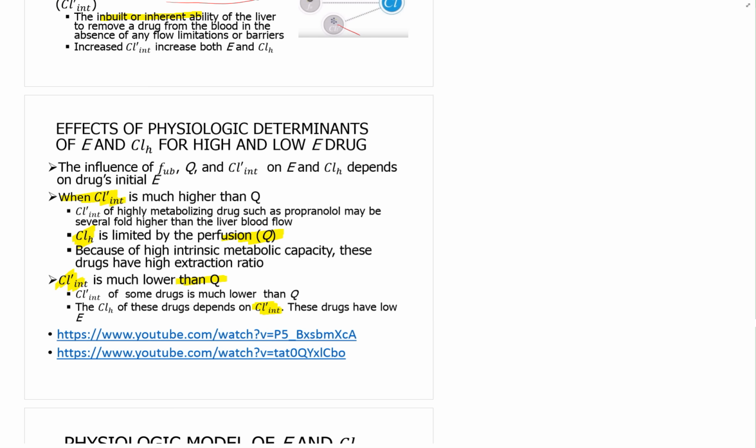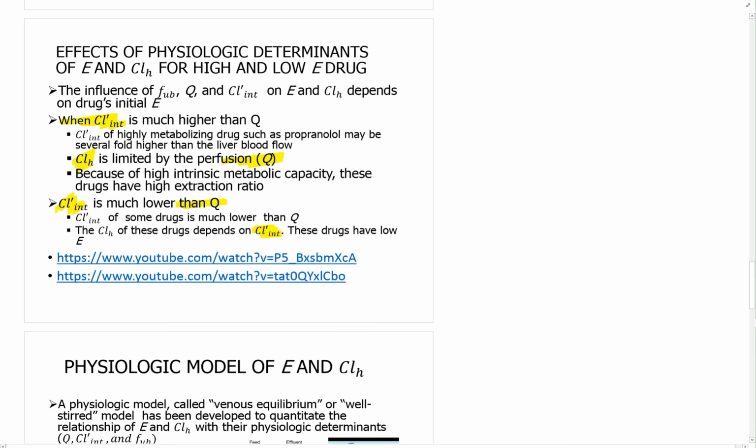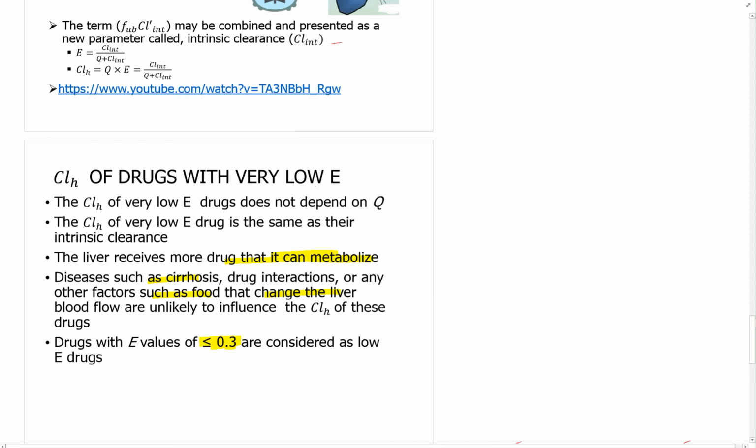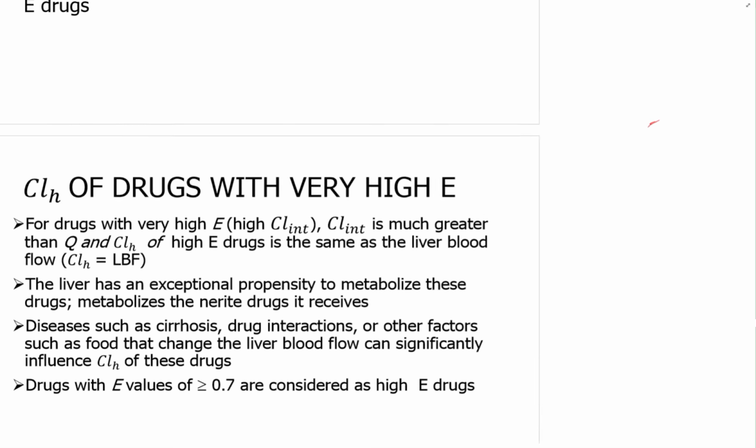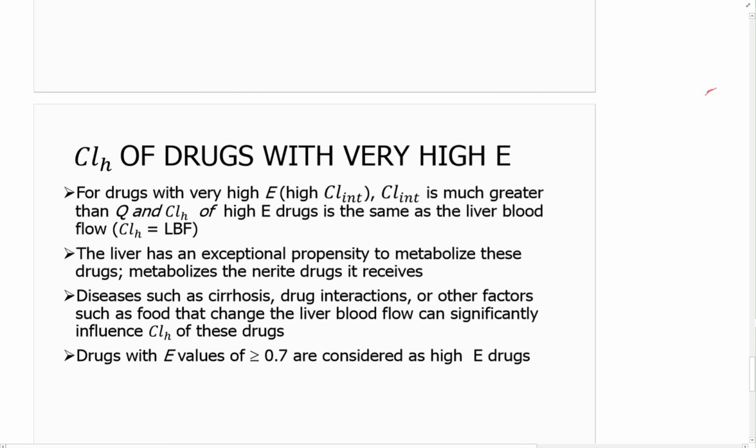You see here, low E drugs. See here, high extraction. The liver has an exceptional propensity to metabolize these drugs.